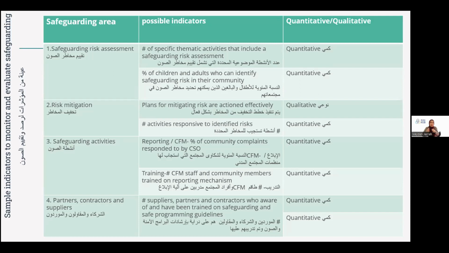I can consult the local communities. There are also indicators that have to do with risk mitigation, like the plans, having, for example, a bus, or having medical care. All of these things are indicators for safeguarding activities. We have to have a mechanism. Is there a reporting mechanism where the staff are trained on this mechanism?